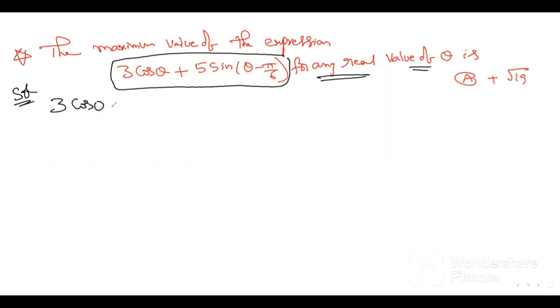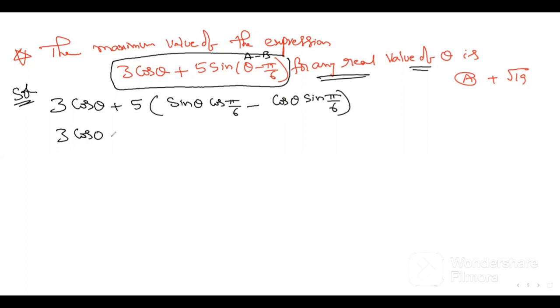3 cos theta plus 5 times, now we should apply sin A minus B formula. Here A place we write theta, B place we write pi by 6. Sin theta into cos pi by 6 minus cos theta into sin pi by 6. Okay, write 3 cos theta.